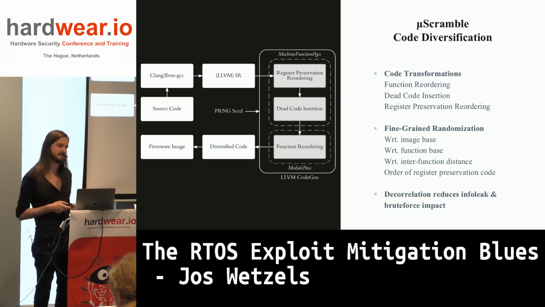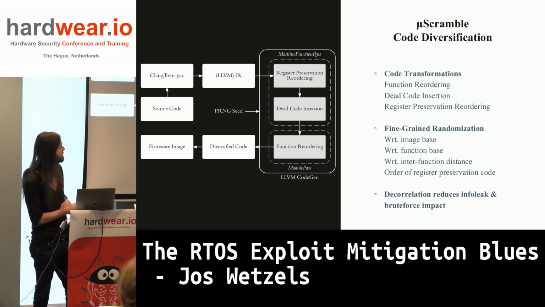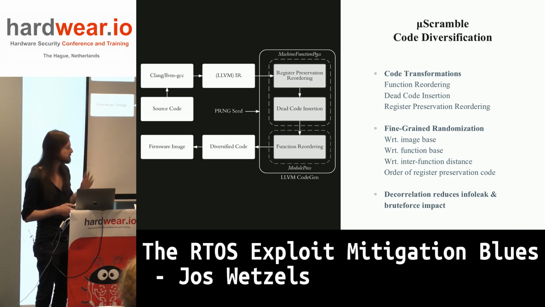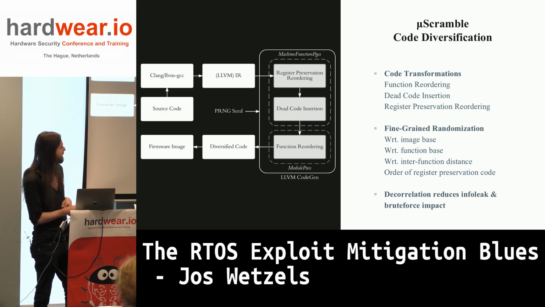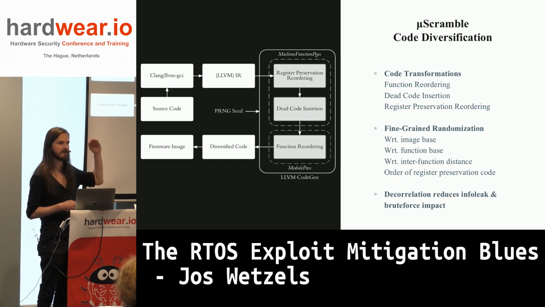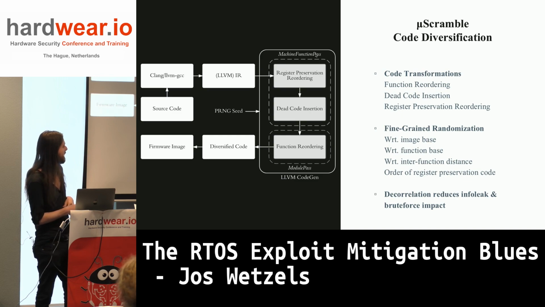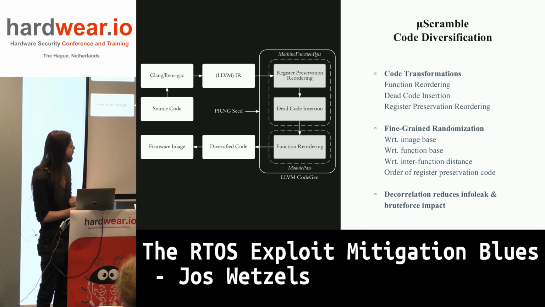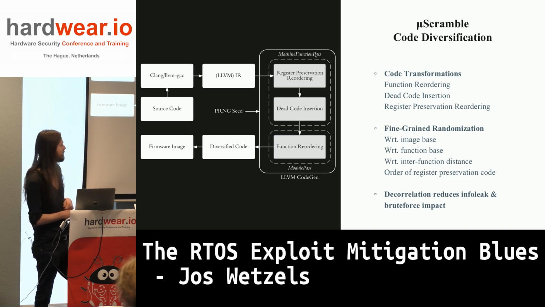The diversification itself consists of 3 transformations: function reordering, dead code insertion, and register preservation. And these were chosen both with regards to the requirements I had stipulated, as well as with the fact that they are fine-grained. So whereas ASLR only randomizes code memory with respect to the base address, this randomizes gadgets with respect to the image base, with respect to the function base, functions with respect to each other, as well as reordering the register preservation code.